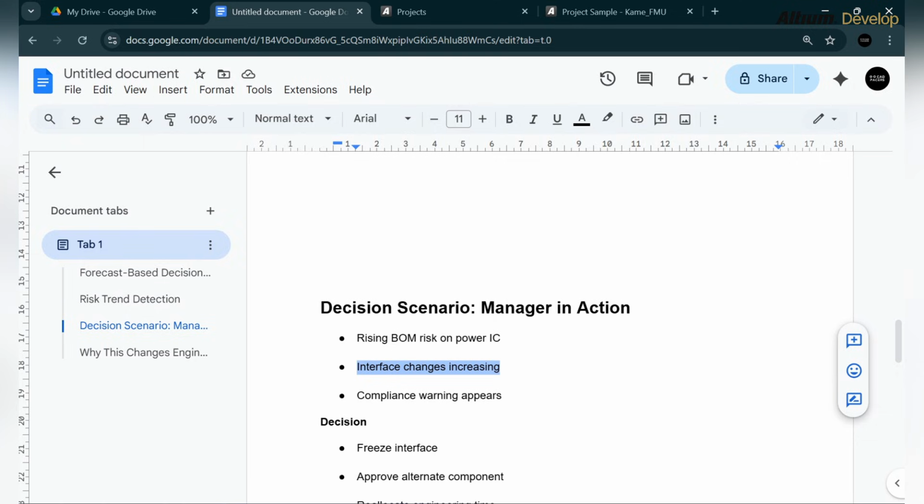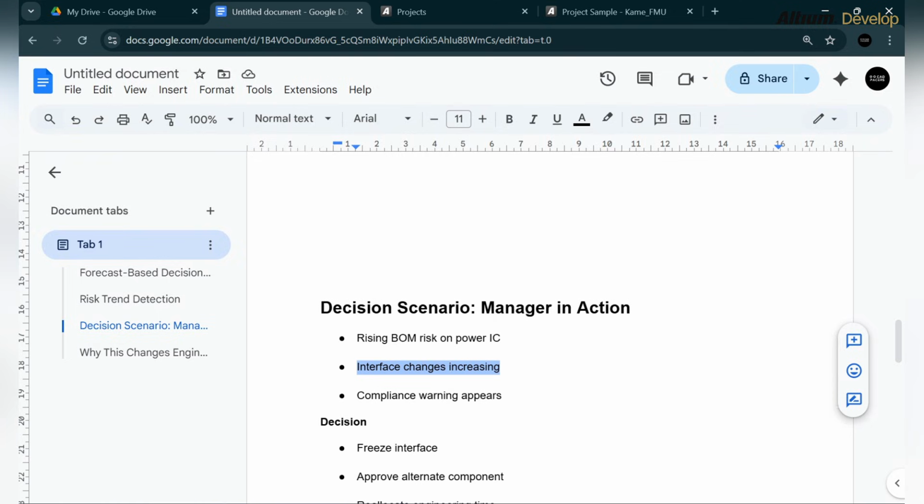Next, interface changes increasing. Let's say you have multiple schematic sheets, multi-board schematics, meaning multiple boards connecting to a specific board. Let's say you have an MCU board connecting different interfaces.